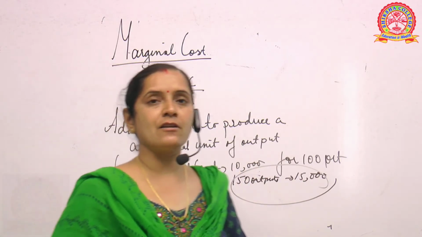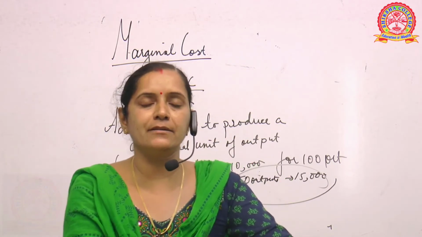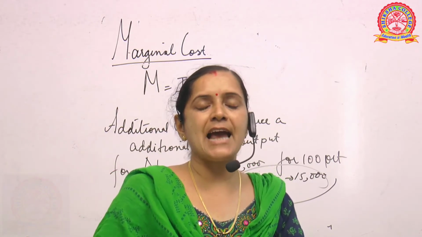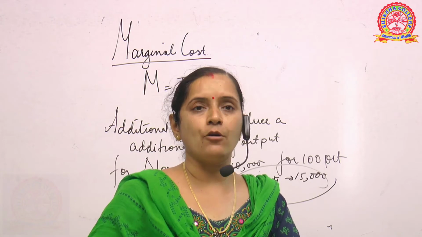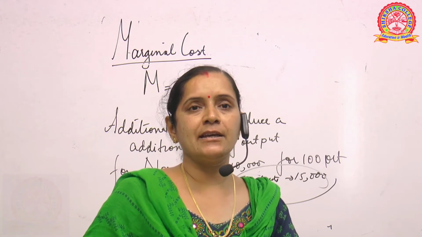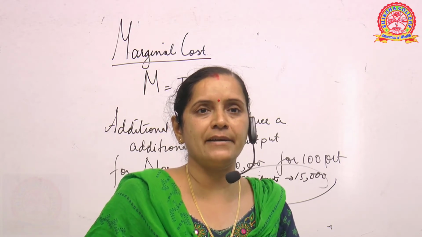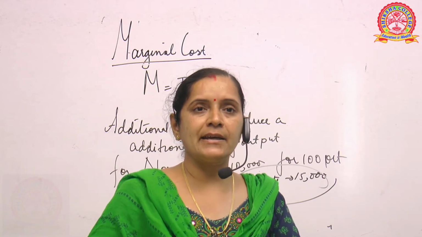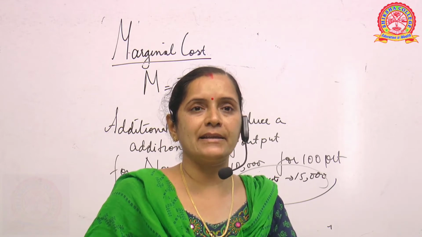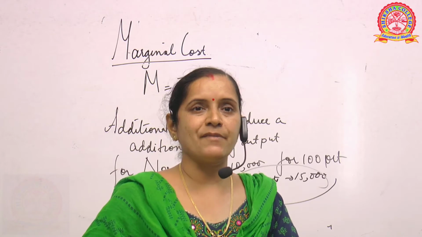Your marginal cost is the additional cost borne by the company or the firm for each additional unit of output produced. Okay, because we have already discussed that the total cost will be a combination of a fixed cost and a variable cost, and here the output can be increased by increasing the variable cost. So that is one concept.